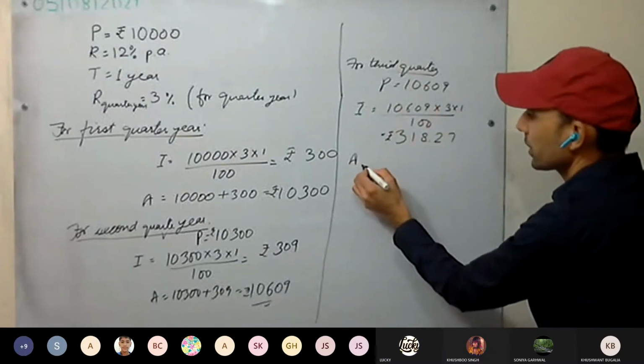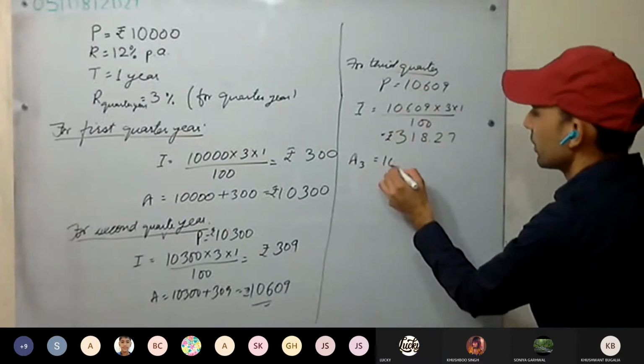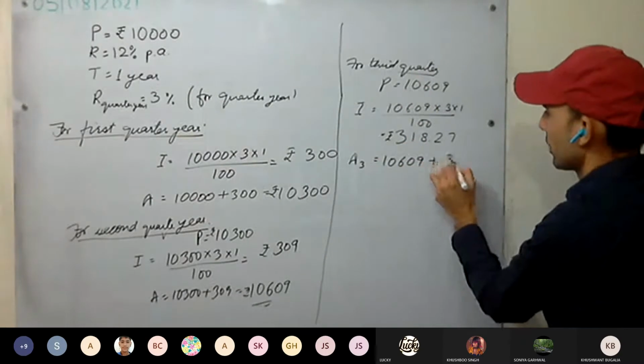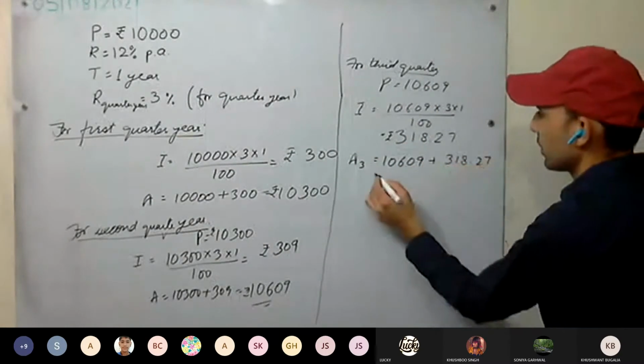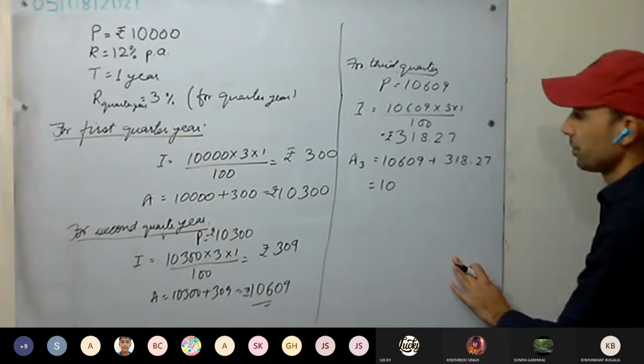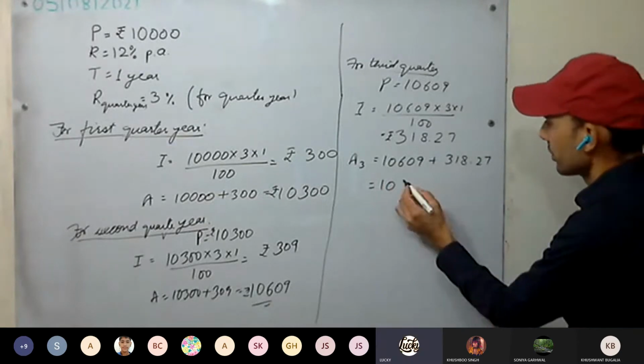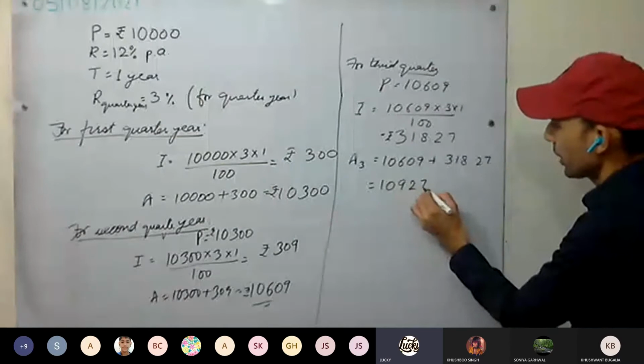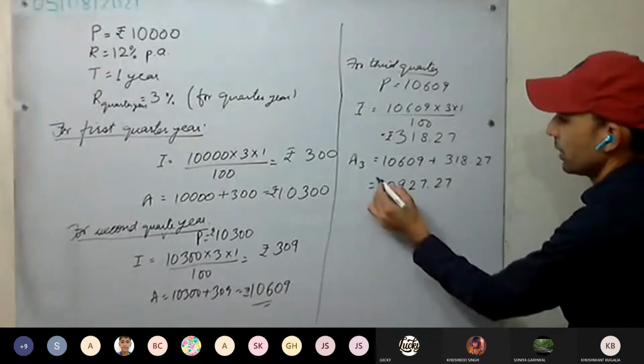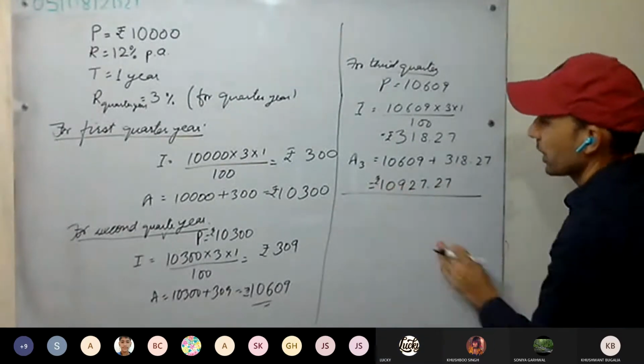So the amount after the third quarter is 10,927.27 rupees. This is after the third quarter. Okay.